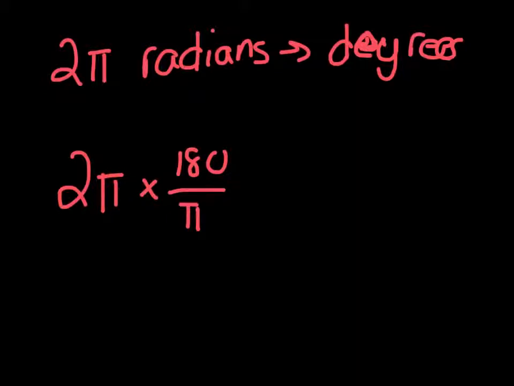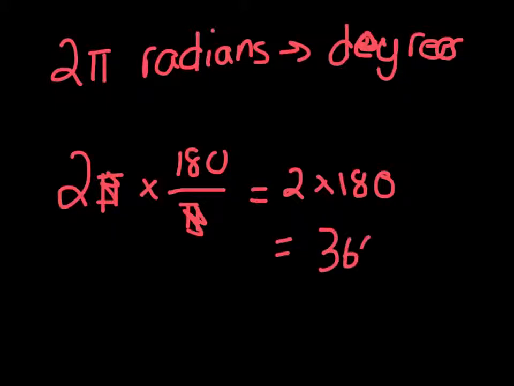This gives us degrees. The pi's cancel, leaving 2 times 180, and that is equal to 360 degrees. And that is pretty much all you need to know for radians to degrees and degrees to radians.